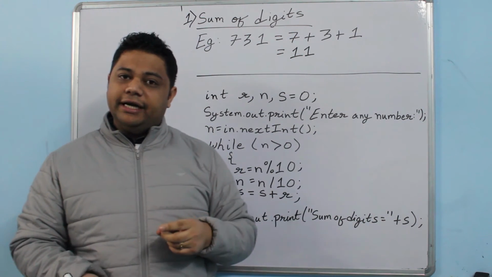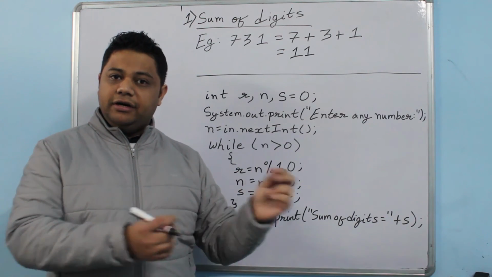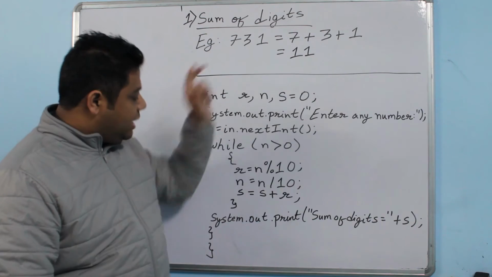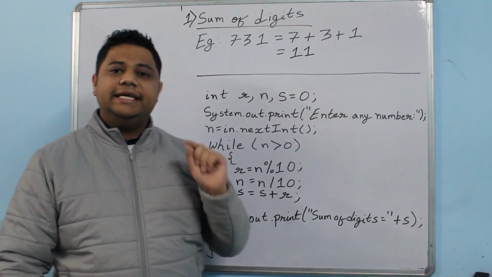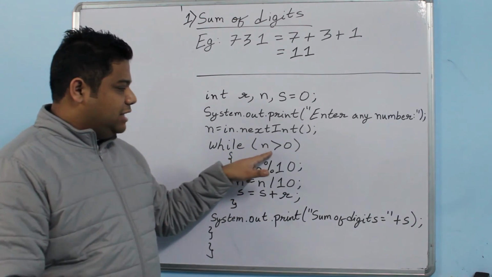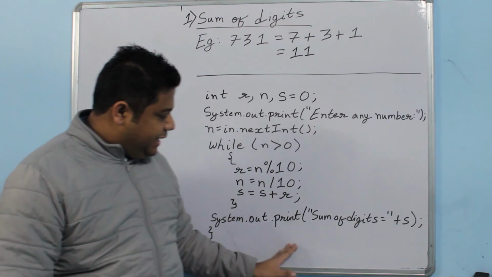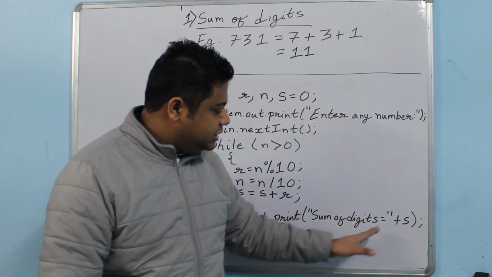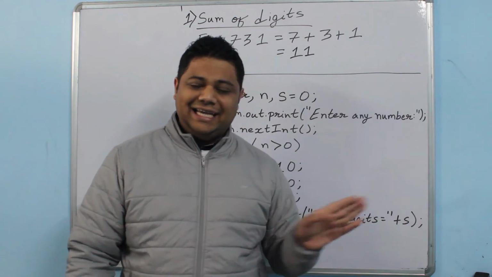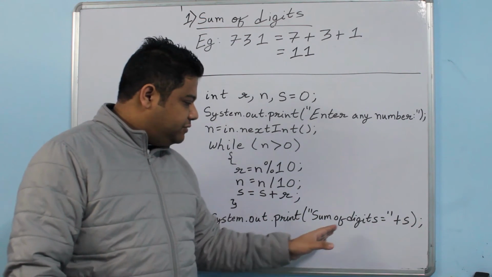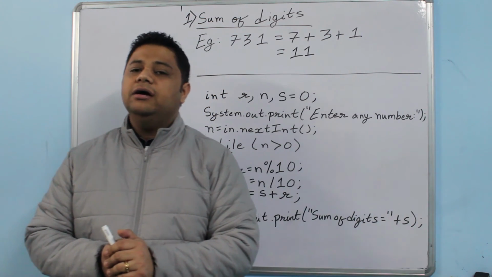This thing we have already done in an earlier video, so you can check that if you have not understood it. At the end, the value of R will be 7. 4 plus 7 is 11. Then the value of N becomes 0 and the loop is over. After the loop is over, we display the sum of digits. So sum of digits equals plus S. Plus S means the variable S has the value 11, so sum of digits equals 11 will be the output.